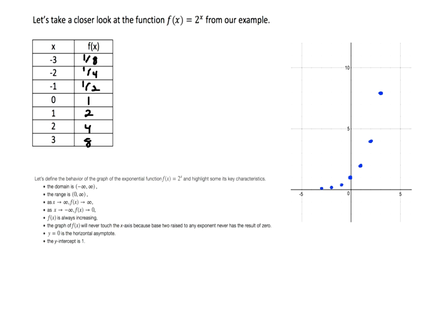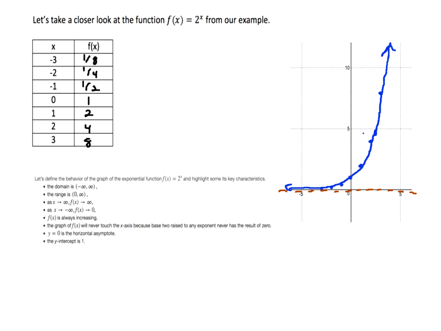So what happens here when we have exponential growth is that our number grows larger and larger very quickly. Now, let's think about the fact that there is a horizontal asymptote on the x-axis here.